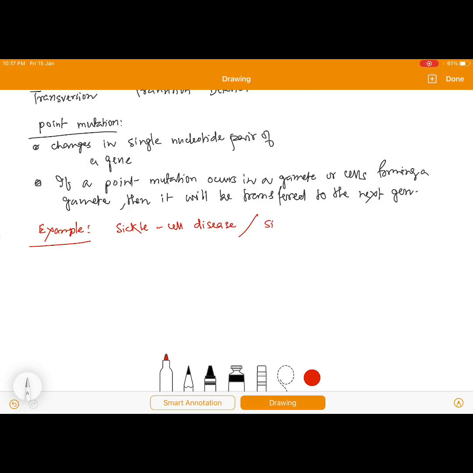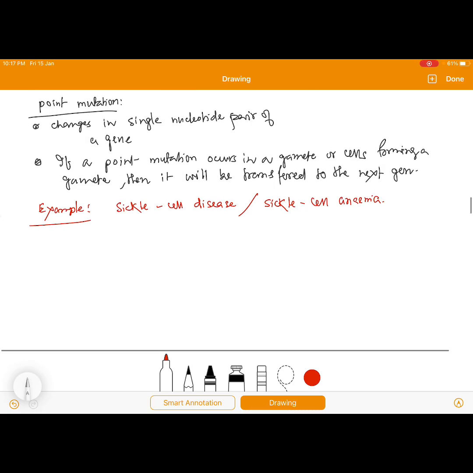This disease occurs due to a point mutation in the gene that encodes beta globin, which is a subunit of hemoglobin.